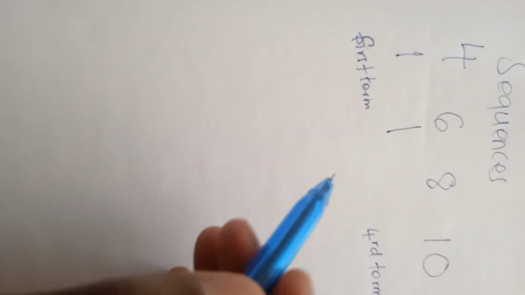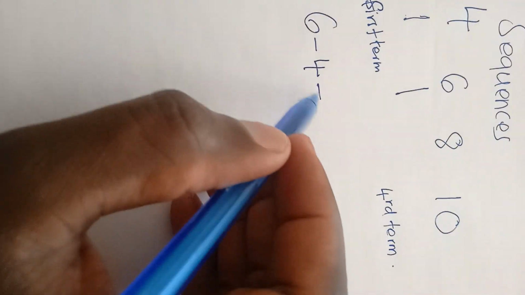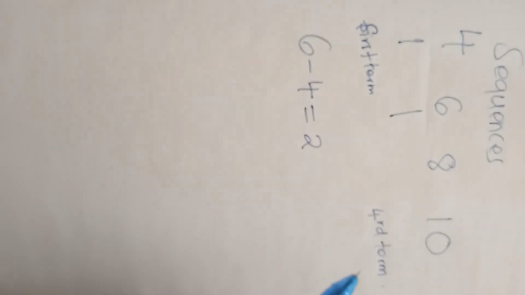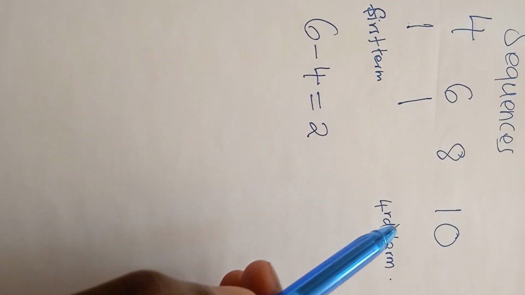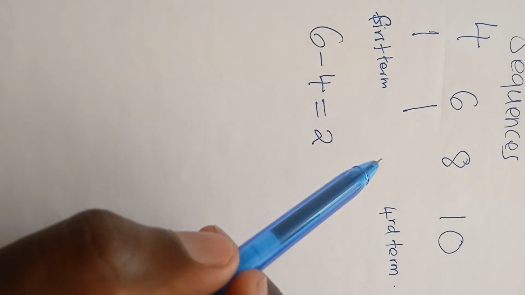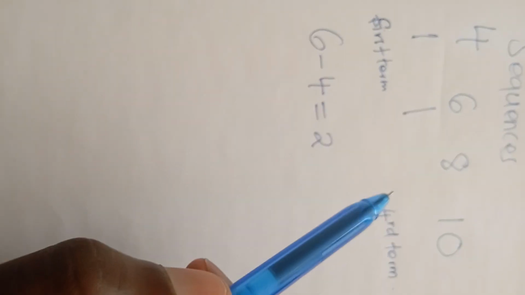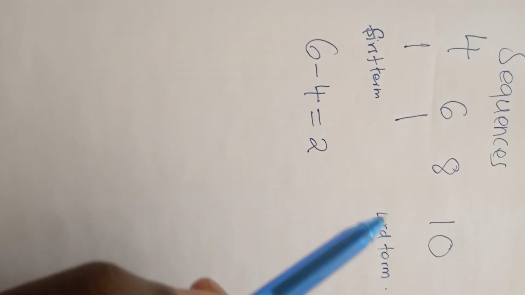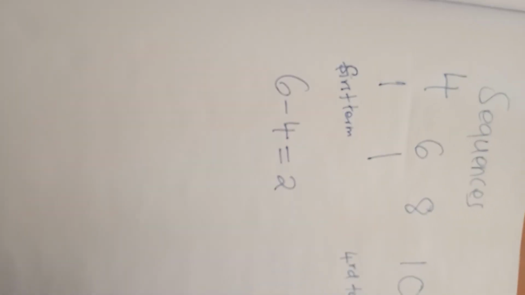So in our case here, we have 6 minus 4, which is just 2. So the common difference is actually 2. If you do the same for 8 minus 6, you still get 2. And even when you do 10 minus 8, you still get 2. So that's why it's the difference, but because it's common, it's called the common difference.